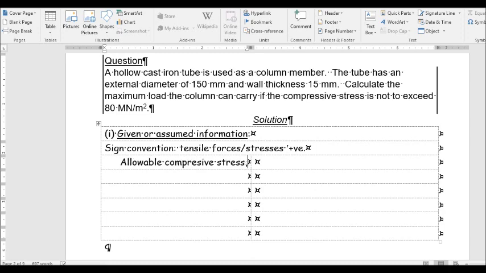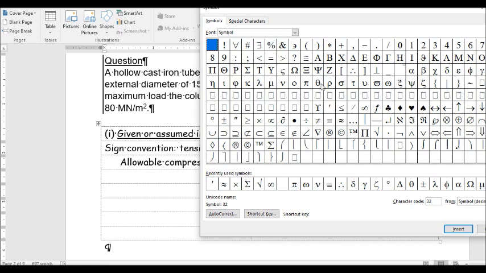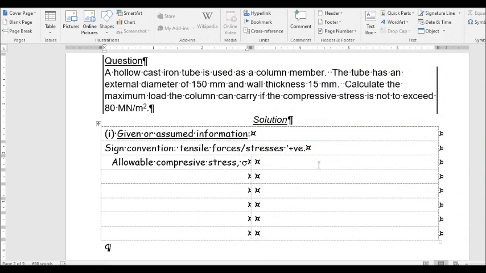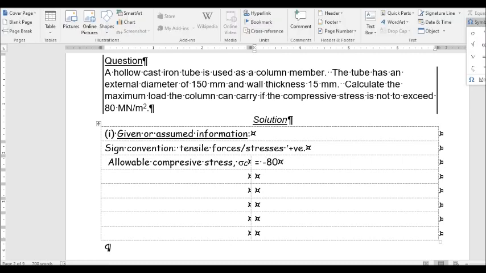I use a Greek symbol here, so again insert symbol, find lowercase sigma. I use suffix C to denote compressive stress, so 80 meganewtons per meter squared, so negative 80 multiplied by 10 to the power of 6.